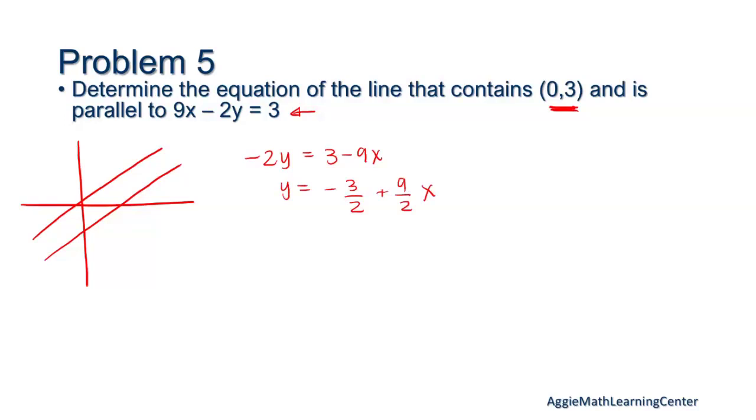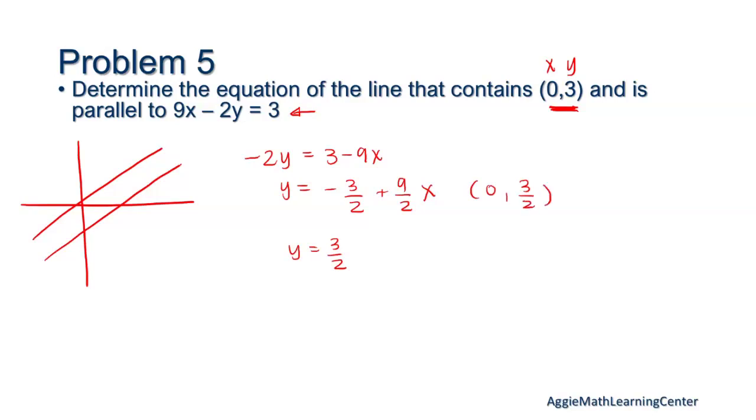Let's plug this point in and see if this point is on this line, or whether we need to change this equation so that it's parallel to it but contains our new point. If I plug in my x, I get y is equal to 3/2, which is not what we want.